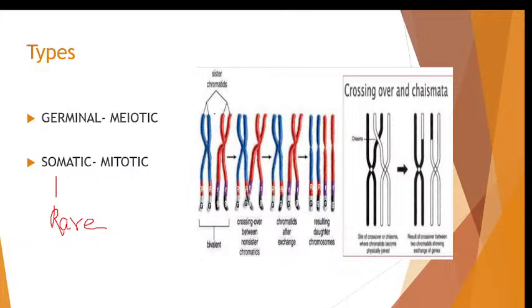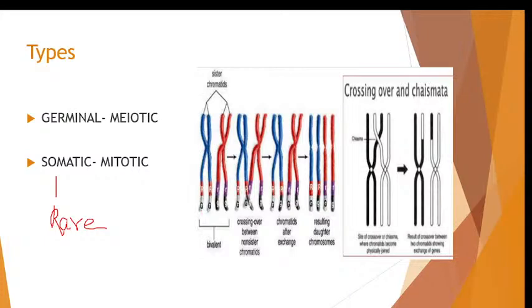See, these are the sister chromatids. The blue color chromosome and the red color chromosome shown here are the sister chromatids. These terms you have to keep in mind, because later on we will be talking about the bivalent, the crossover, the chromatids, the sister chromatids, like that. So to understand those terms, I'm showing this picture.